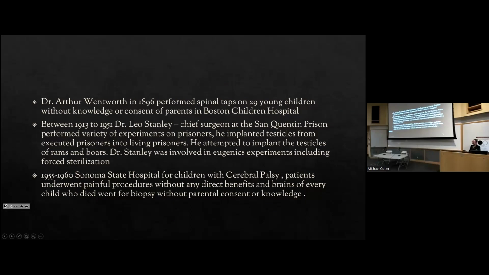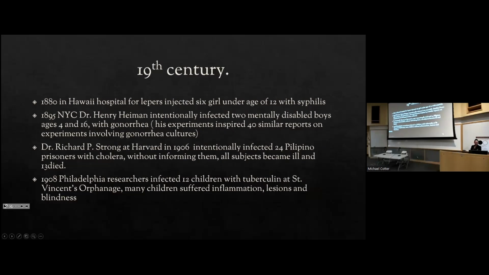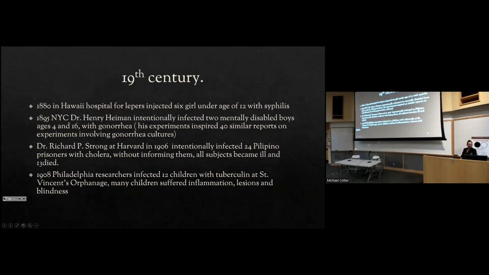Furthermore, after the children died, their brains were exposed to biopsy without parental consent or knowledge. In 1880, in Hawaii, a hospital for people with leprosy injected 6 girls under the age of 12 with syphilis. That's the beginning of the experimentation with syphilis.